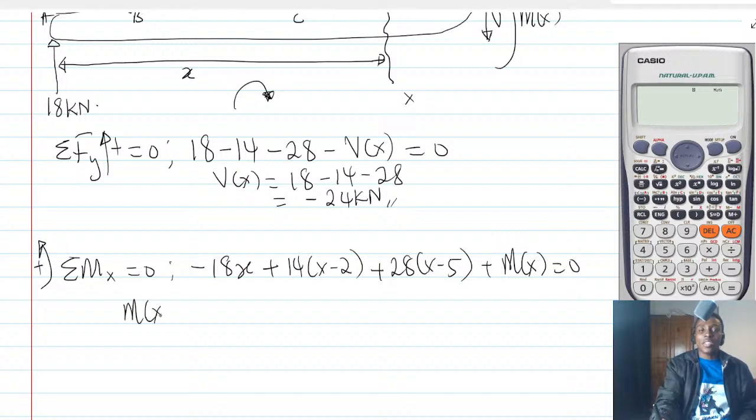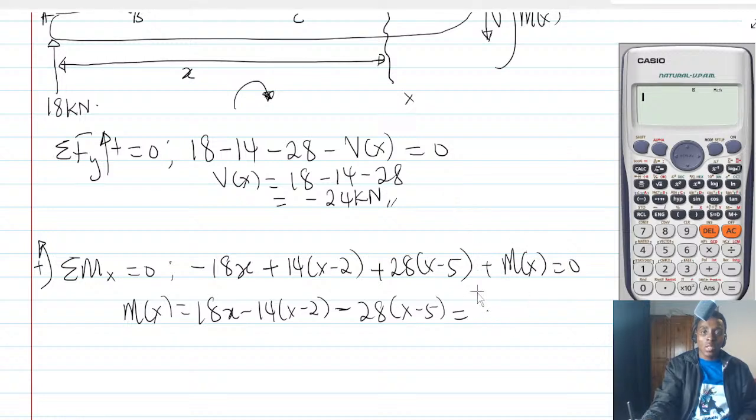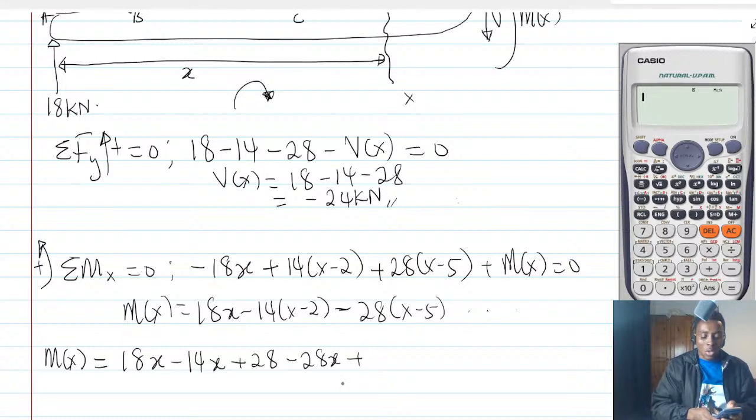Now, interestingly, M of x is going to be 18x minus 14 times x minus 2 minus 28 times x minus 5. So 18x minus 14x plus 28 minus 28x plus 28 times 5.